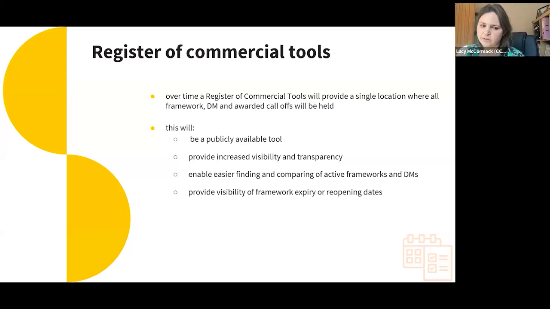Having visibility of all the different frameworks and dynamic markets and all the different products and services they offer in one place will be really useful to suppliers and help them to decide where best to concentrate resources and where opportunities exist for other suppliers to engage with them to become part of their supply chains. And when this register of commercial tools is to be rolled out, it will be communicated widely to everybody.